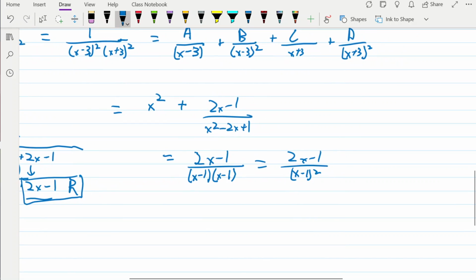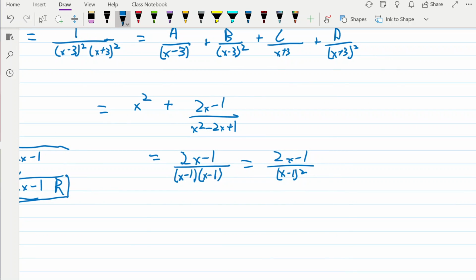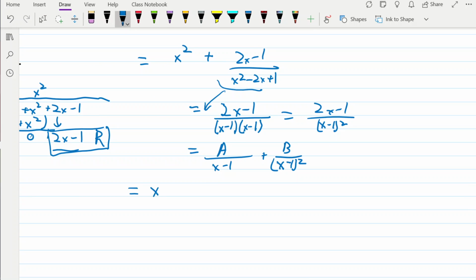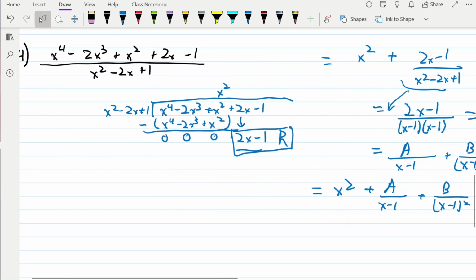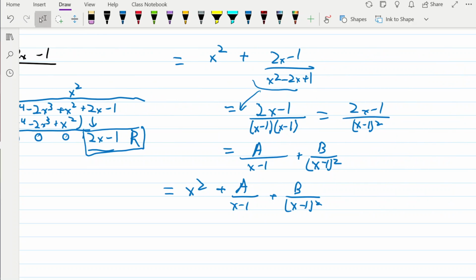Unfortunately, we cannot cancel out any of the top terms, so we need a partial fraction for. So we're going to get a over x minus 1 plus b over x minus 1 squared. So our total form should look like it equals x squared plus a over x minus 1 plus b over x minus 1 squared. And I can check the answer. Oh, and I cannot check the answer because it's not a checkable problem.